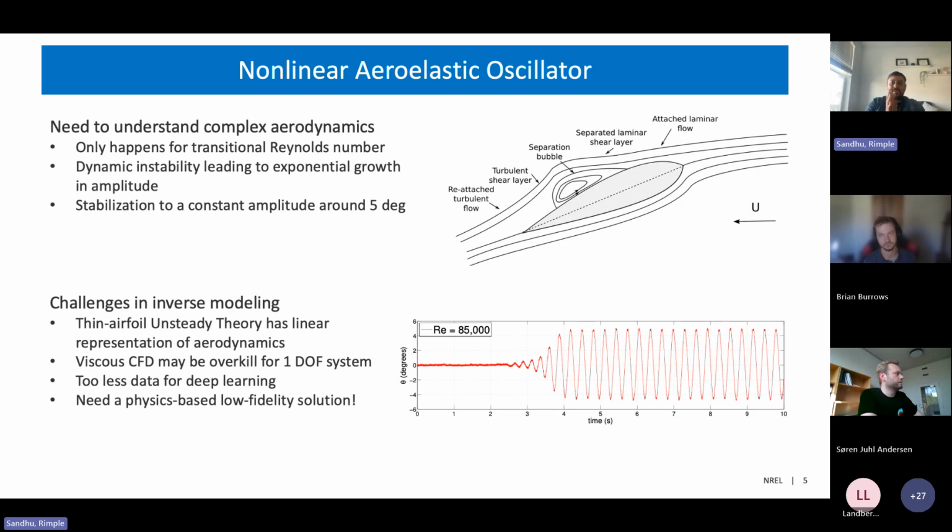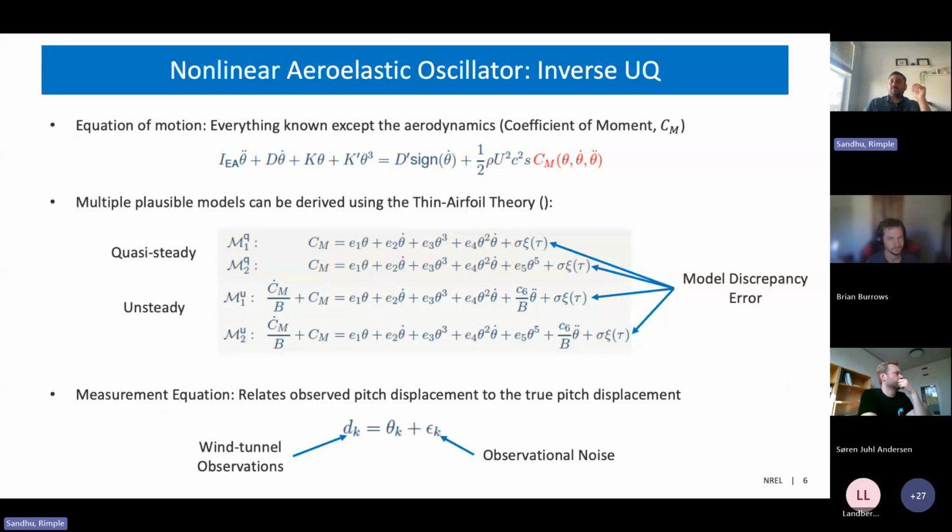So we can't do that with CFD. We want a model that's somewhere in between. Obviously, we can't do deep learning because I just have one response, one realization of the pitch displacement. So I can't train a deep learning model with hundreds of thousands of parameters. That's not going to be possible. So we need a physics-based low fidelity solution, and we need to capture this aerodynamics in a parametric form. Once we have that, we can use it for different purposes.